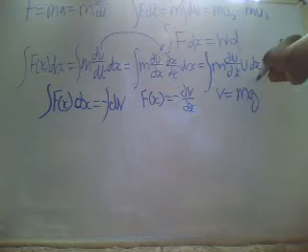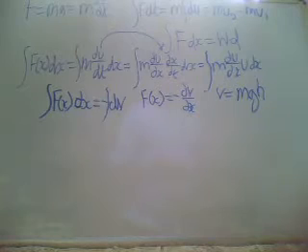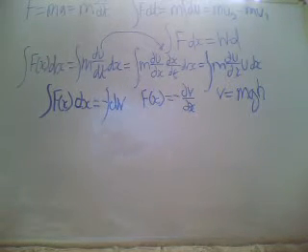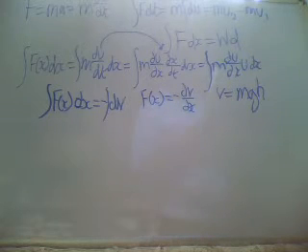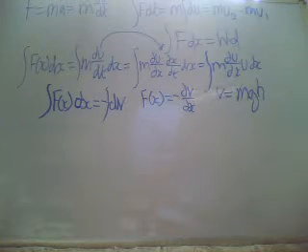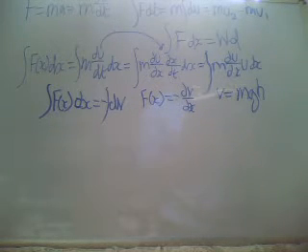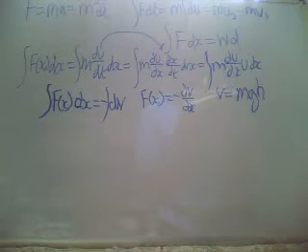I'm sure you know that. mgh, m being mass, g being gravity 9.81, and h being the height from the Earth, which we'll probably derive in another video, but for this video we're more interested in waves and harmonics.